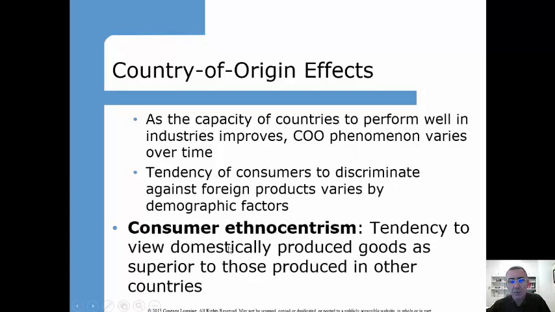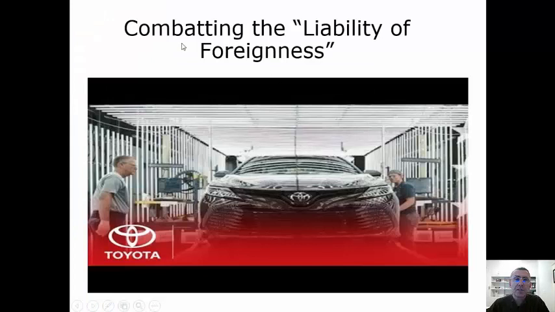There's this concept called consumer ethnocentrism. It's a tendency to view domestically produced goods as superior to those made in other countries. And again, different countries are going to have different levels. In global, we had talked about the liability of foreignness. We talk about election cycles. This year, we're in the middle of an election cycle. What does that mean?